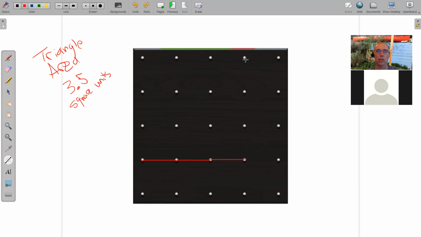Oops, I missed. What's this triangle? Well, let's see. It's a little bigger. What's the base on this thing? Well, the base seems to be 3 units. What's the height here?